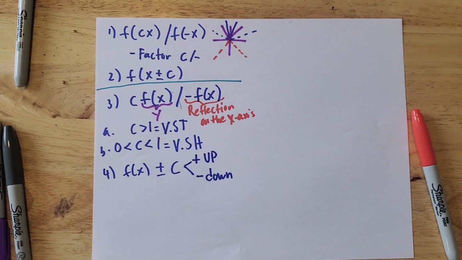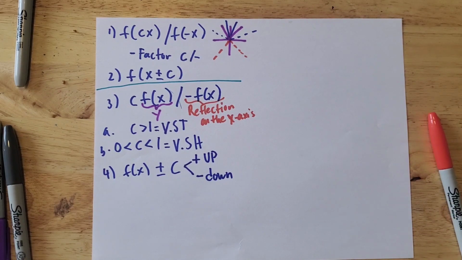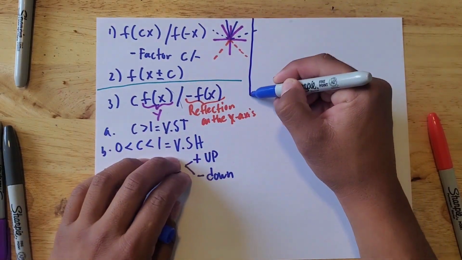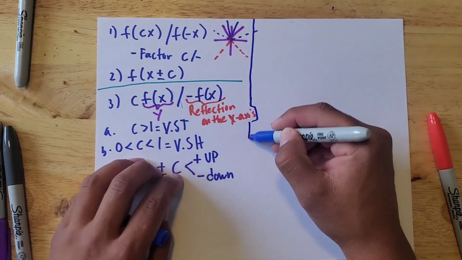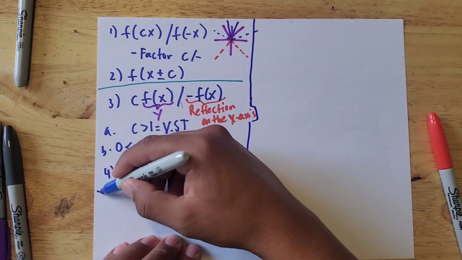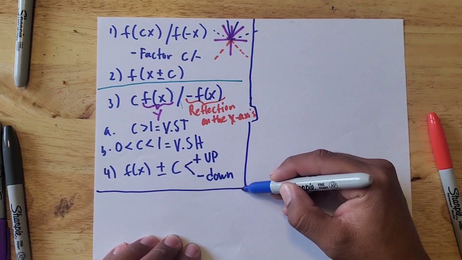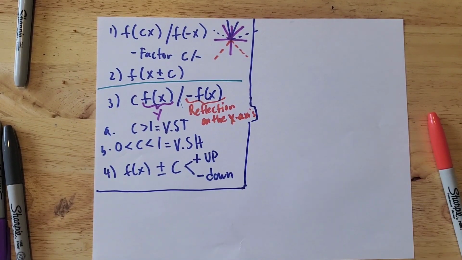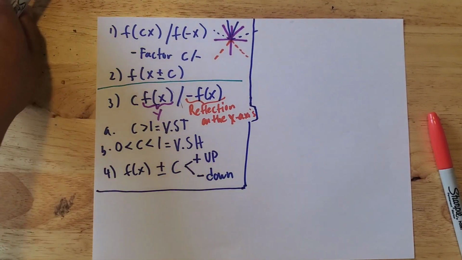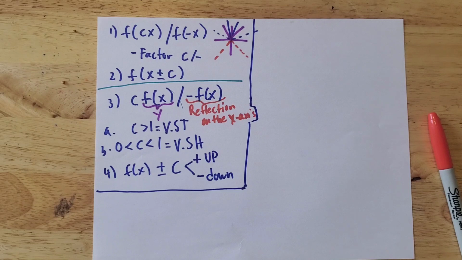But I want to look at some examples of this, so you don't just look at it in general. Let's see if we can do some examples of these. So for instance, let me pull up the square root function.